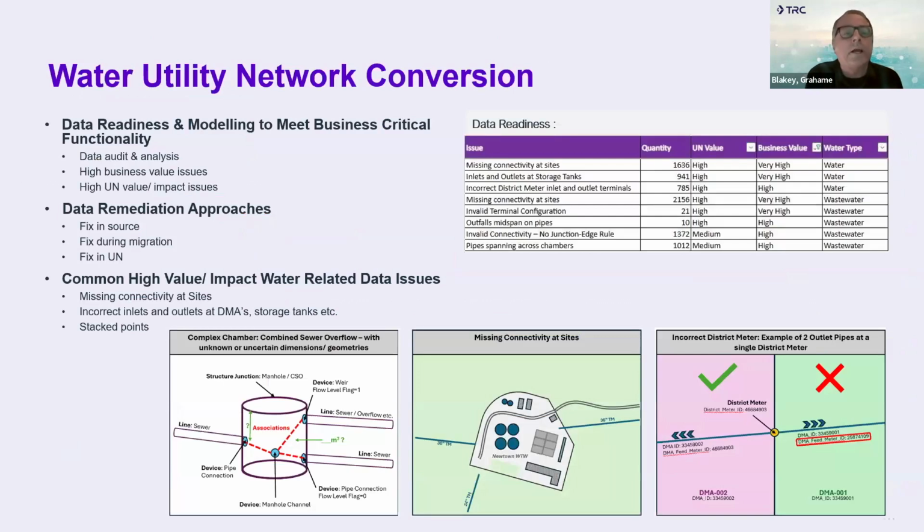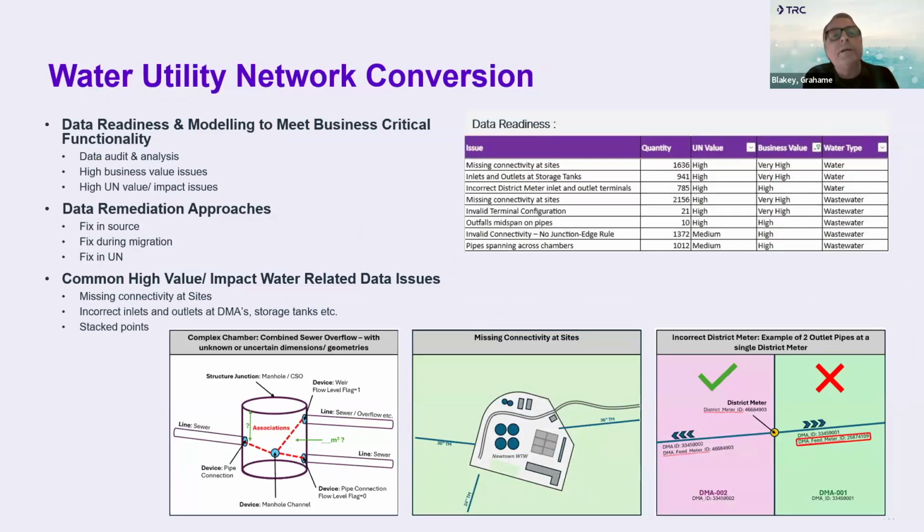Okay, so here in the top right corner is an example of a data audit readiness report. We have the issues listed and we have them quantified. This is a fictitious water company, but those numbers there are quite realistic in terms of the kind of volume. So don't be scared by large numbers against those kind of issues. It's common across many organisations.